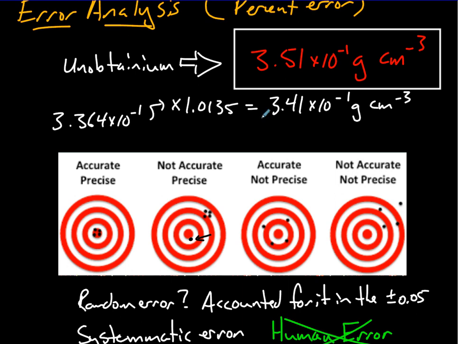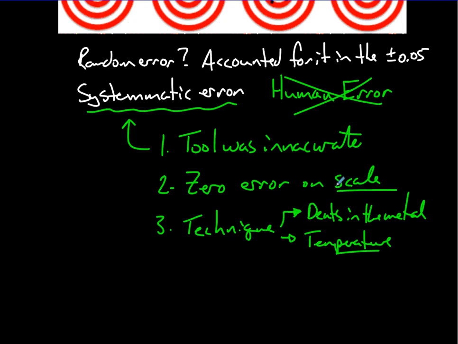Densities change with temperature, because objects expand and contract. They become less dense the warmer they are. So there's all sorts of stuff that having a systematic error forces you to think about. In science up till now, you're probably just like, I didn't get the right answer, human error, I'm done. But now you've got to think a little bit more.